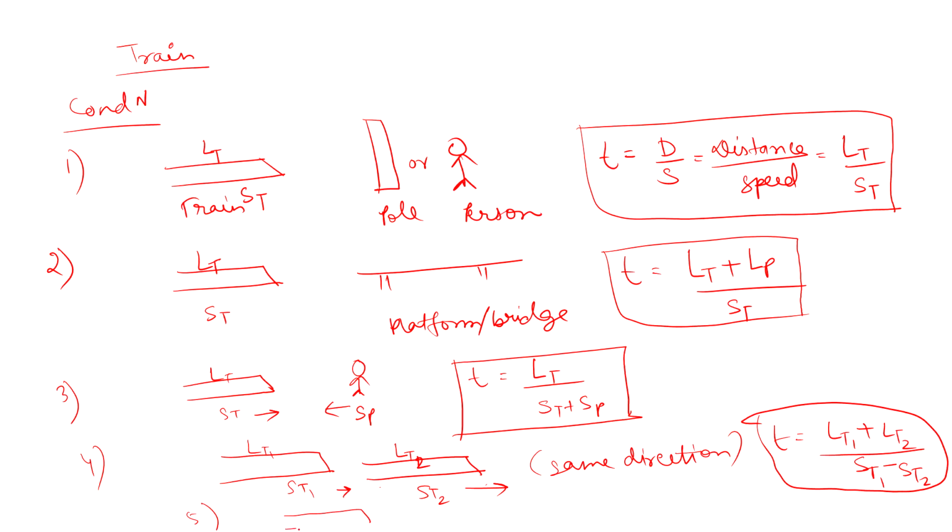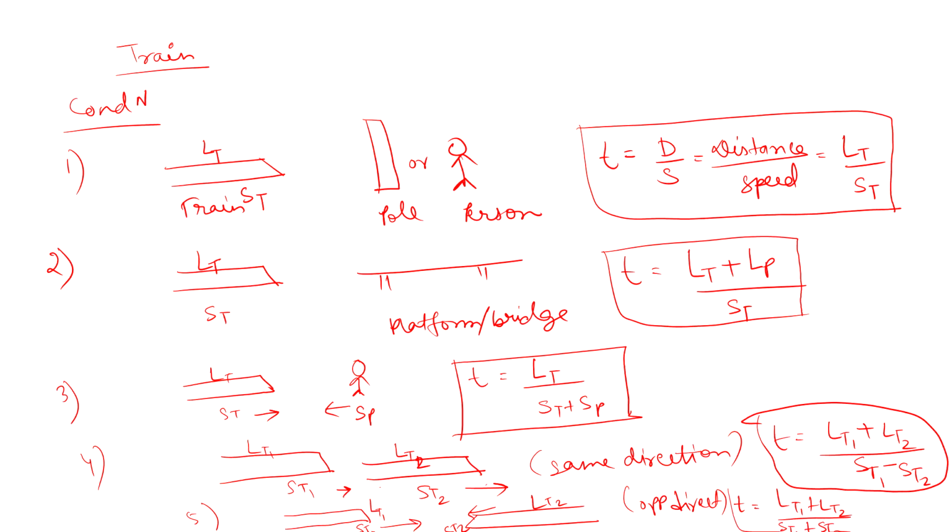If both trains are in opposite directions, this train coming to this side and this train coming to this side, with length LT1 and speed ST1 here, and length LT2 and speed ST2 there, in the opposite direction the formula is T is equal to LT1 plus LT2 by ST1 plus ST2.